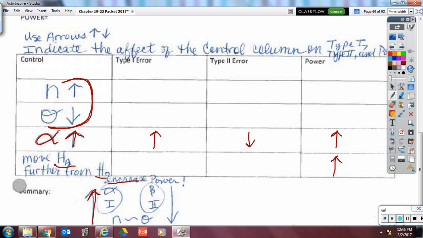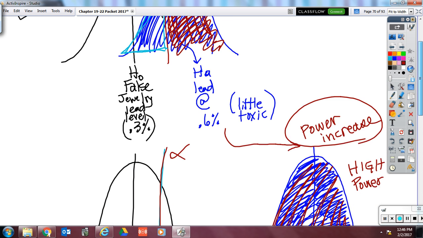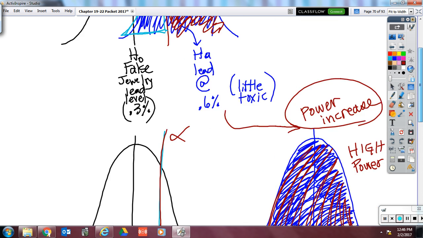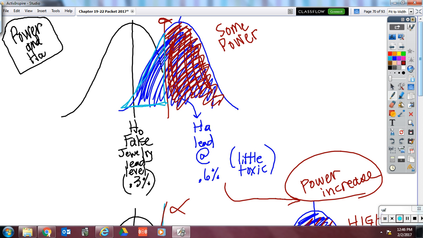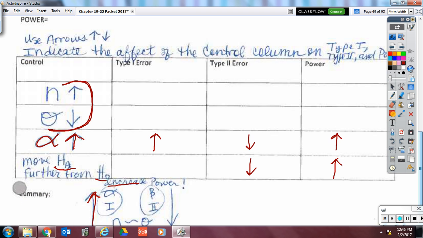If power goes up, what does type 2 do? It goes down. Now, do you recall what I did with my alpha when I drew the picture? My alpha stayed the same. There really is no type 1 error here, because type 1 error has to happen when the null is true, but it's not true. So that really doesn't apply here.